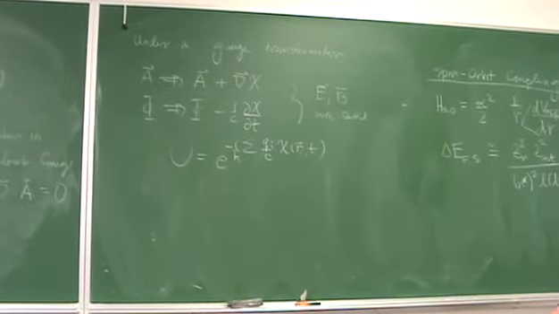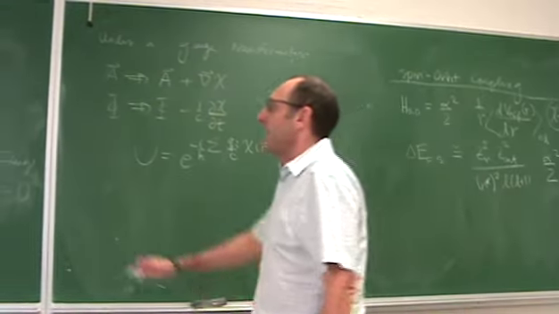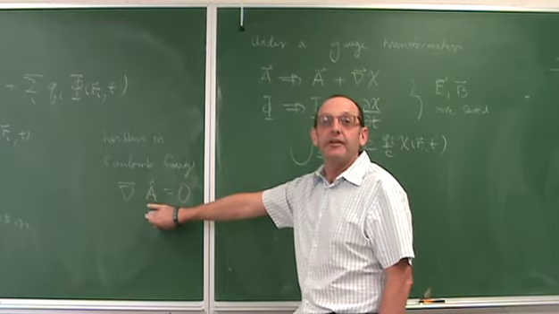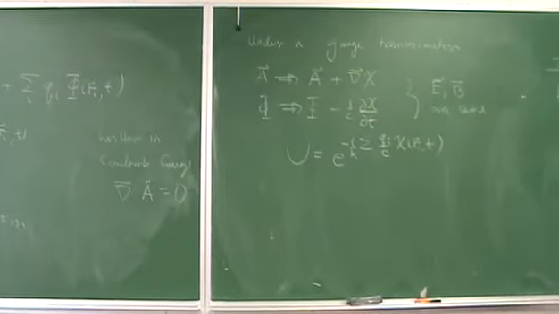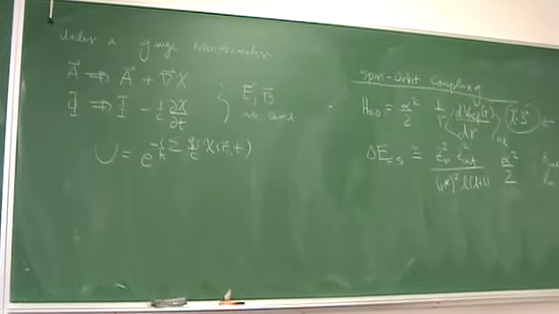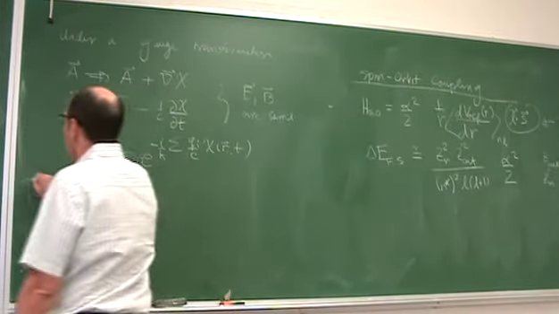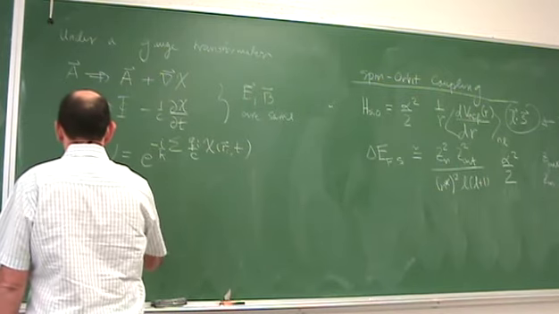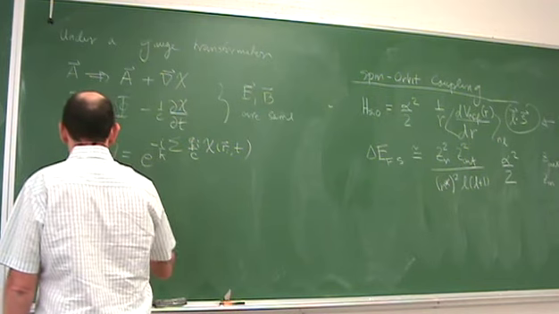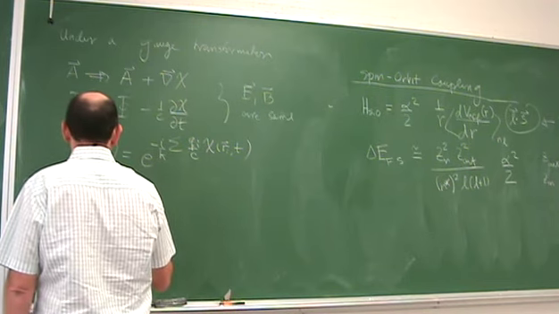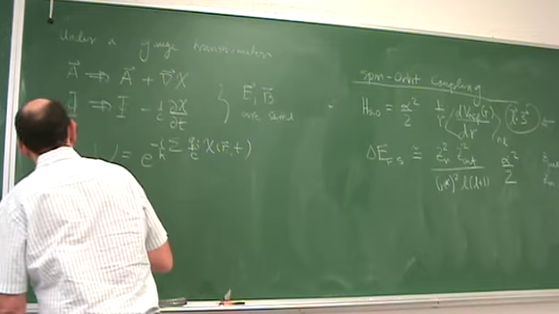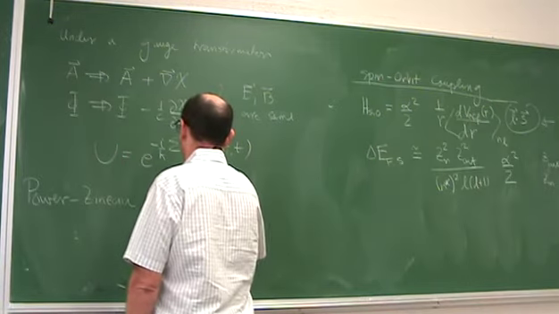And A basically represents the radiation, which has both magnetic and electric fields. So one can make what's called the power-Zienau-Wolley transformation.